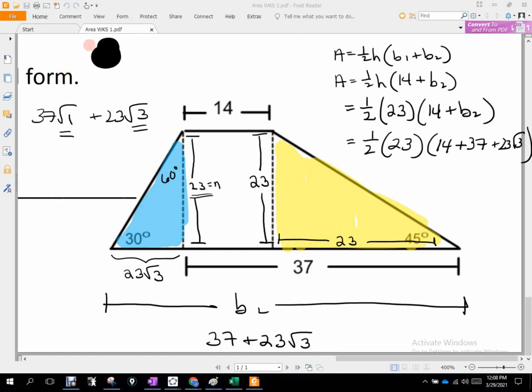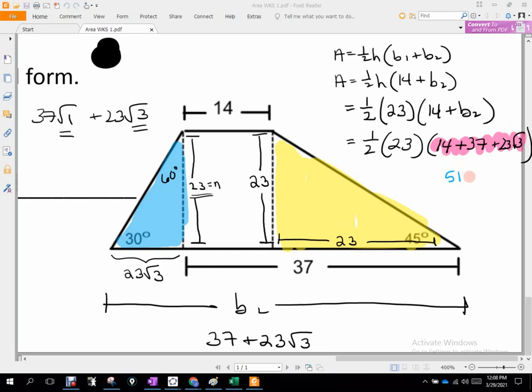So order of operations starts with parentheses, right? So you need to go inside all your sets of parentheses and basically restart your order of operations again. So I'm going to look inside this set of parentheses first. Okay, 14 plus 37. Those are my two numbers that I can add together because those are rational. So what's 14 plus 37? 51.